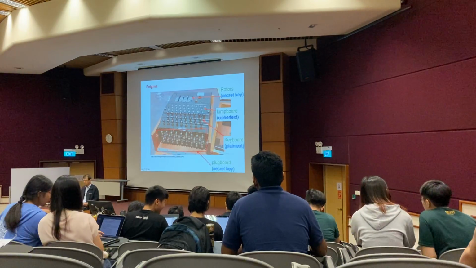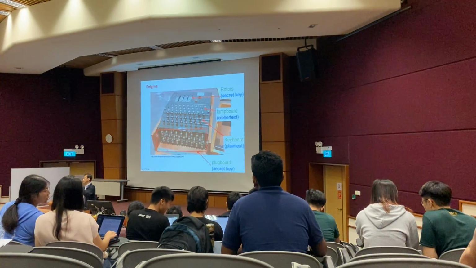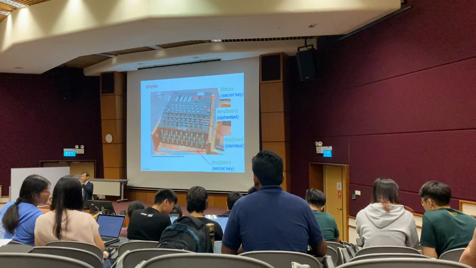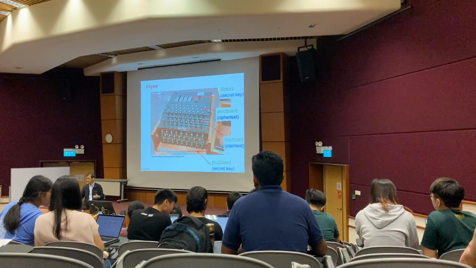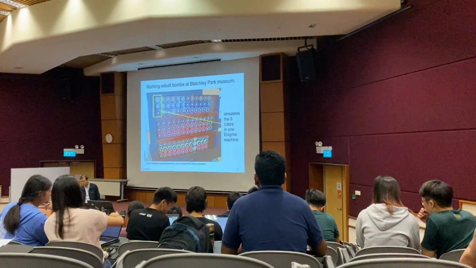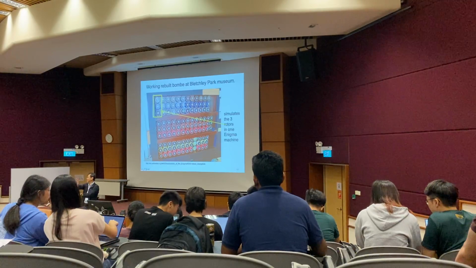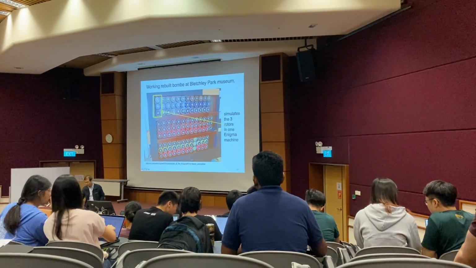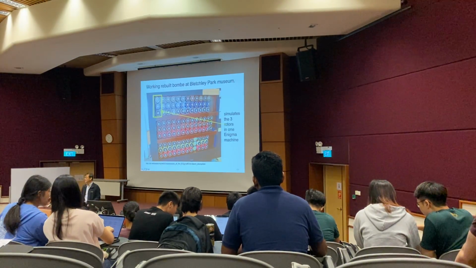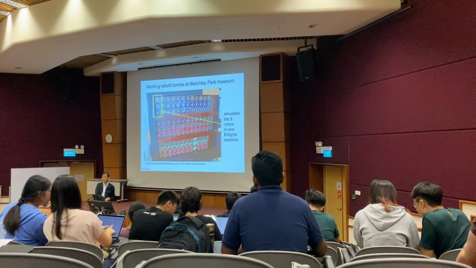It's a mechanical, electrical thing: A cannot be encrypted to A. Based on this, they keep doing the exhaustive search. This machine is called the Bombe, designed by Alan Turing.